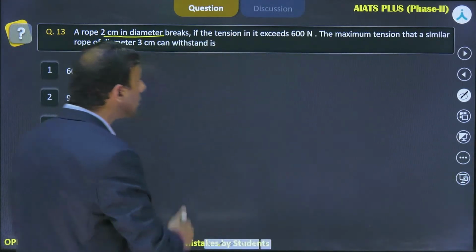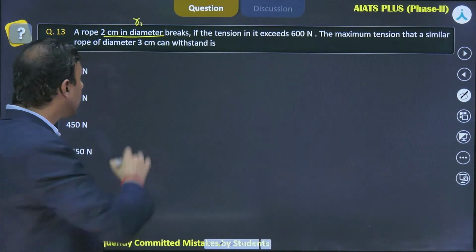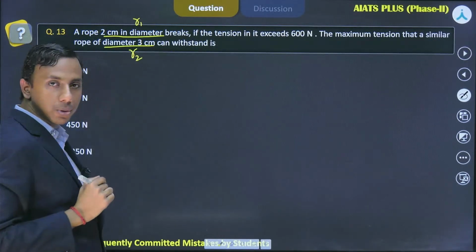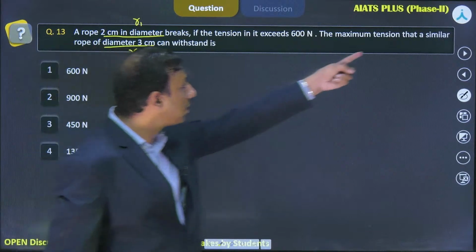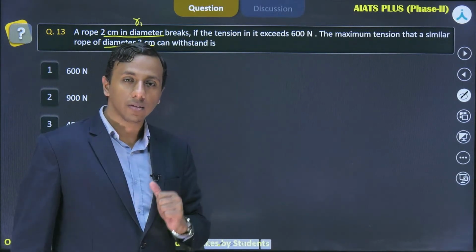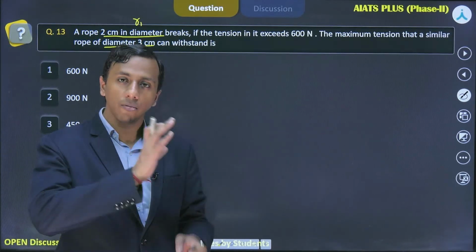So initially you can find the radius, and finally you have another wire whose radius also you can find. But remember, they have also said a similar wire. Similar wire meaning they have the same material, meaning they have the same breaking stress also. So the breaking stress is same for both wires.